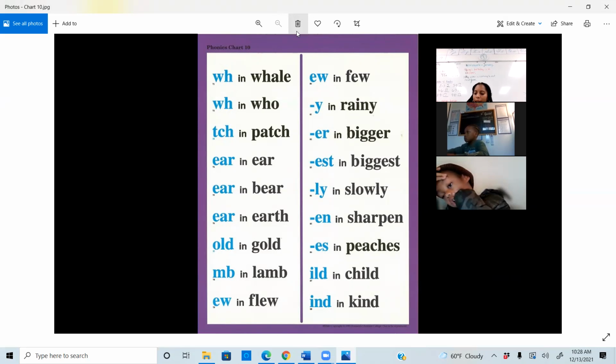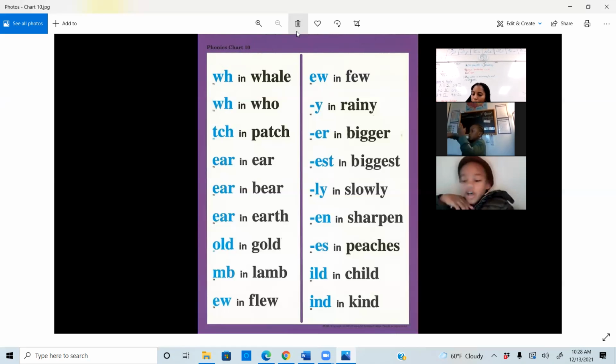EST says est, in biggest. LY says lee, and slowly. EN says en, in sharpen. ES says es, in peaches. ILD says I, in child. IND says I, in kind.